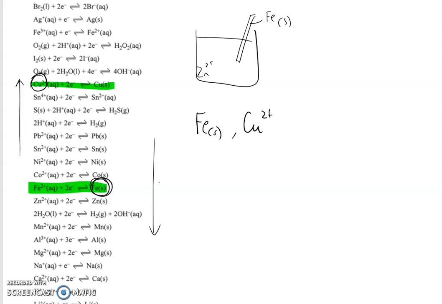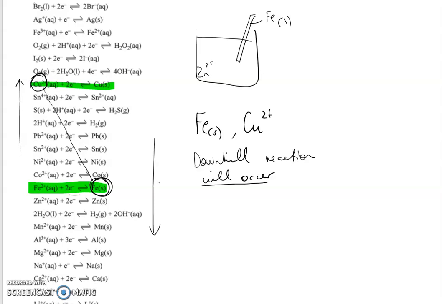So I need to draw a line between these two species, and this line is downhill. So that tells me that a reaction will occur. Okay, because it's saying that the iron wants to give away its electrons way more than a copper metal would, because it's a stronger reductant.